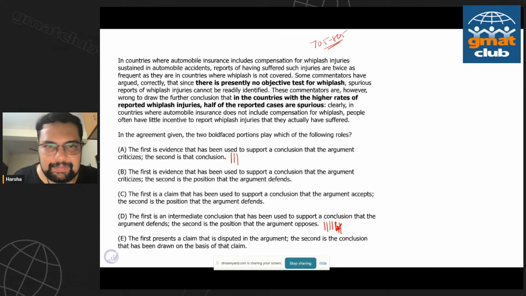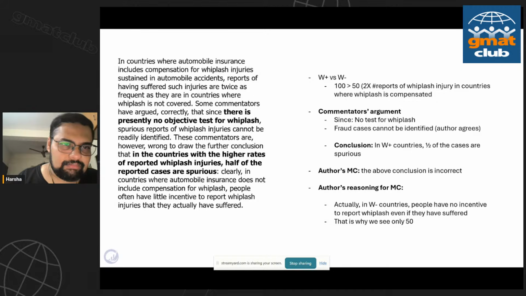So what's happening here? End of the day, and again, my notes here are very crude. They're just meant for quick consumption. In countries where automobile insurance includes compensation for whiplash injuries, the reports are 2x as much compared to countries where whiplash is not covered, right? I just put some example numbers here for us to understand things.